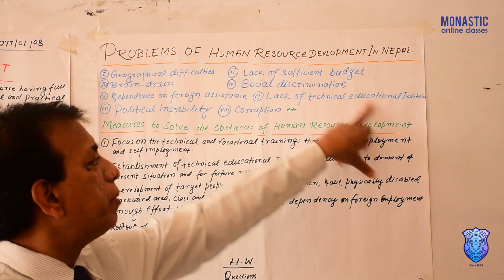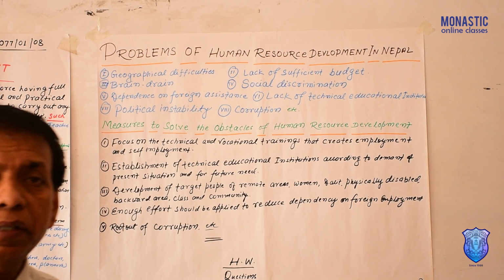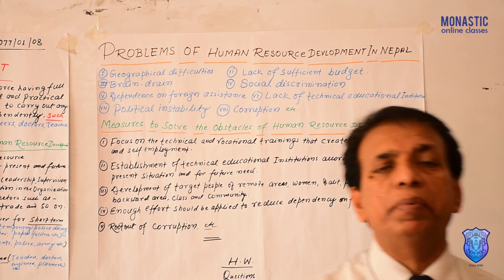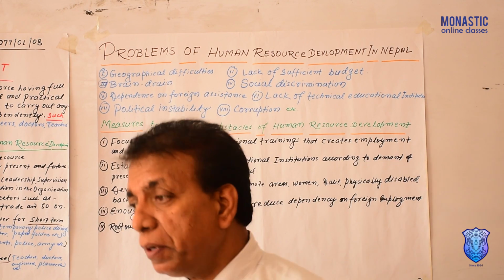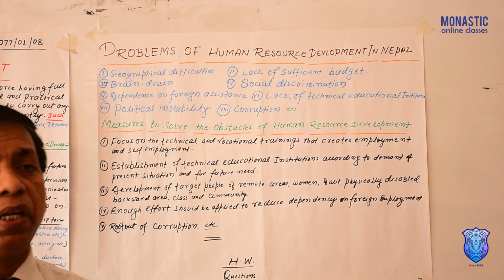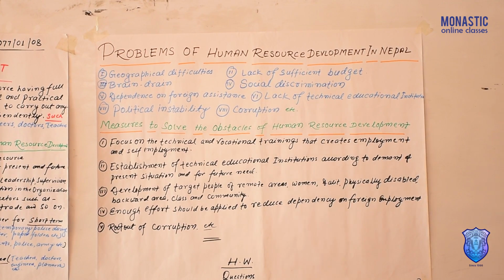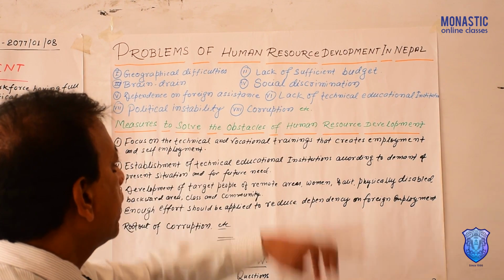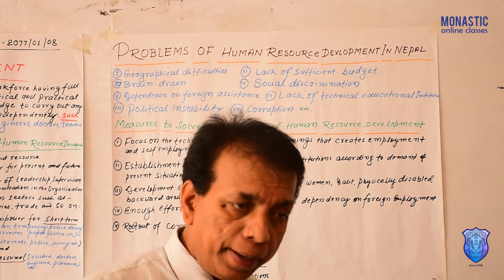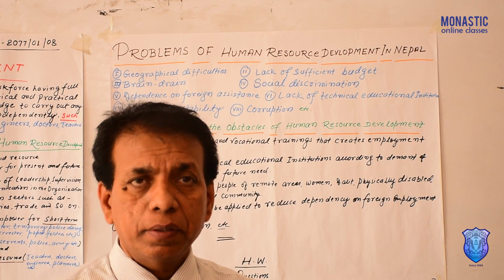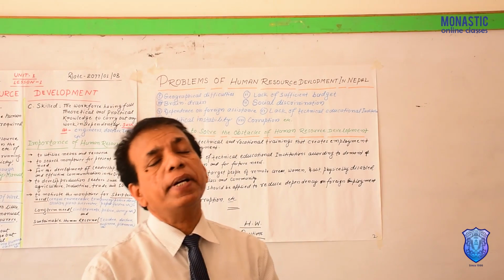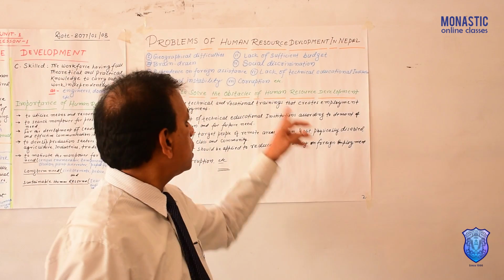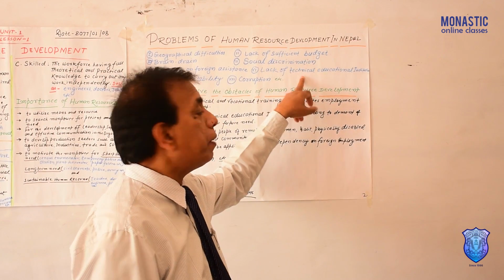Next one is social discrimination. Our country Nepal is full of ethnic groups and culture, and multicultural, multilingual, multiracial people are residing here. Most people of the nation still depend on superstitions. Conservative thoughts, conservative ideas and superstitions are there. Here they feel man and woman are both the two wheels of a car, as it has been called from the very beginning, yet discrimination is made between male and female.